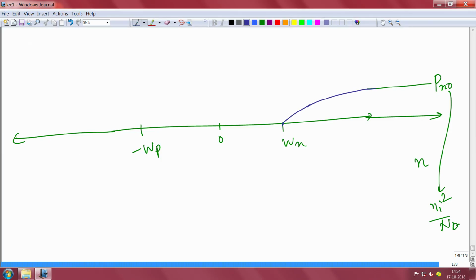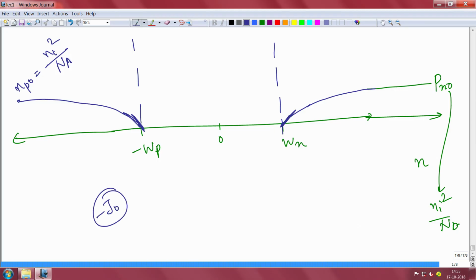You can actually solve the continuity equation with the appropriate boundary condition and get this. Similarly, here the baseline will be Np naught, which is equal to Ni square by Na. At this edge of the depletion region it will be 0, and the derivative at this point and the derivative at this point will give you the respective currents, and if you add those up they will also end up as minus J naught only.